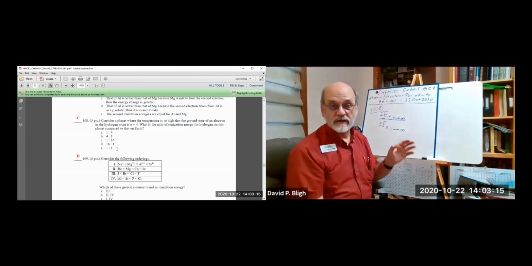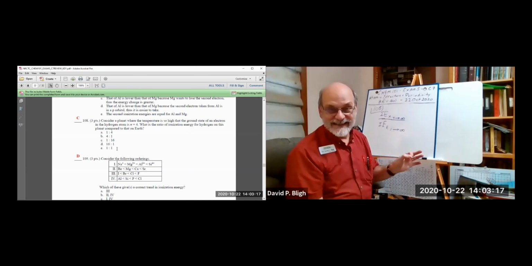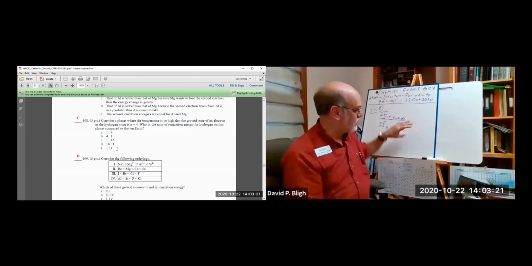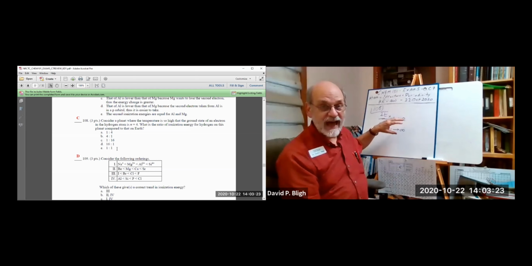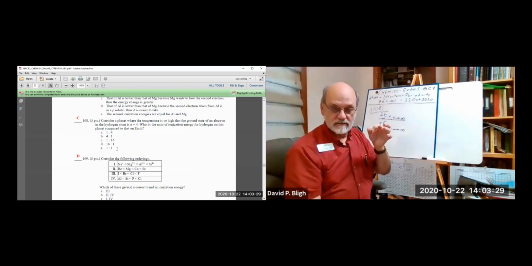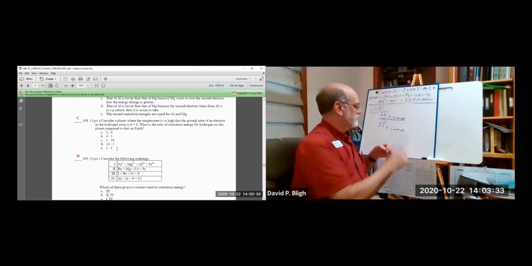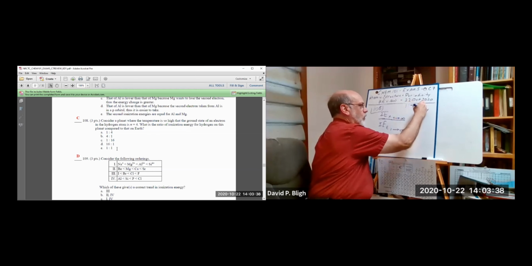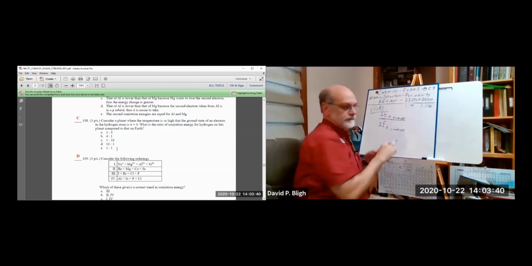You can also throw out B and D, because they're reversed, right? They've got the high on the top and the low on the bottom. So that doesn't work. So it's, test-taking technique, either A or C, right? It's either 1 to 4 or 1 to 16.